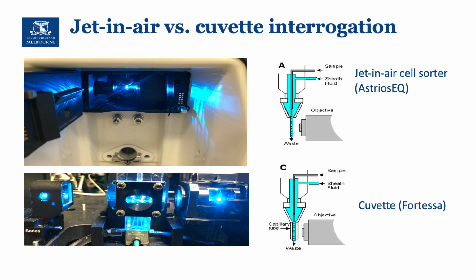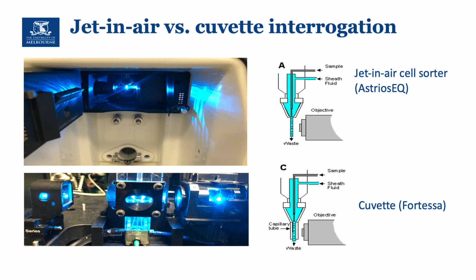Now, these are two examples that we have in the platform already of what the instruments look like. In the case of the Fortessa, you see the quartz elements and you see the laser interrogating the particles inside the cuvette, and the different detectors then align to collect the light that is produced out of this encounter.